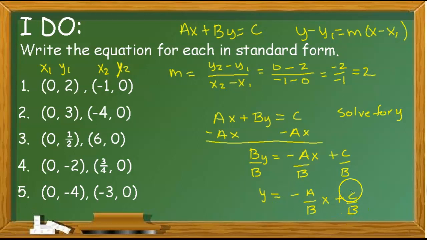What I want you to see here is this piece, because I think that ties into what we're doing here. If I go back to the slope formula, my slope is 2, which is the change in y over change in x.